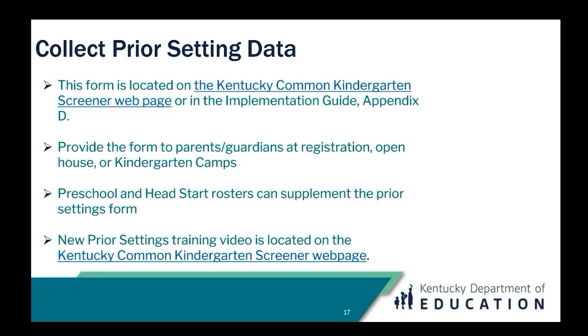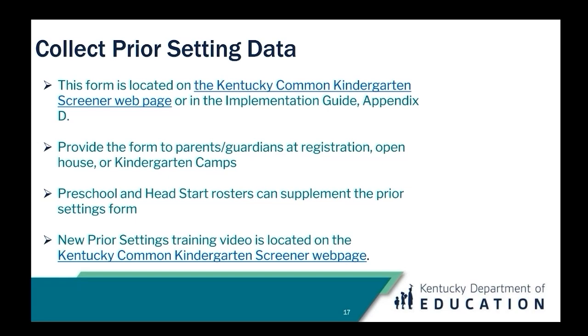That might be a home, private sitter, daycare, preschool, Head Start, or kindergarten itself. If you're not receiving parent input, pull rosters from preschool and Head Start to use in conjunction with parent forms.